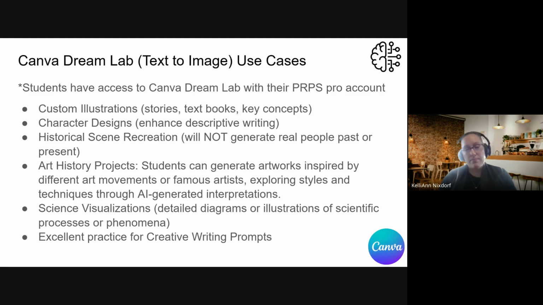Canva and most AI image generators don't recreate real people. So if you ask it to create an image of Joe Biden, for example, it will tell you that it's against their user agreement. So the historical scene, if you're asking it to recreate certain people, it might.